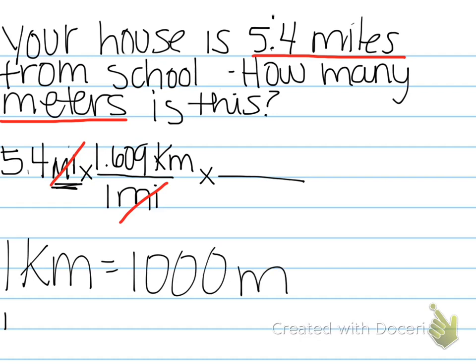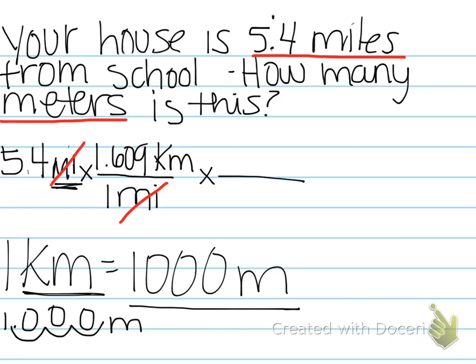So remember, if we had a decimal point here for 1 kilometer, if I move it 1, 2, 3 spaces to get to meters, that's the same as 1,000 meters. Some of these you're going to be so used to by the end that you're not even going to have to move that decimal. So I want to get rid of my unit of kilometers, which means if it's on top here, it needs to be on the bottom here, which means 1,000 meters goes on the top.